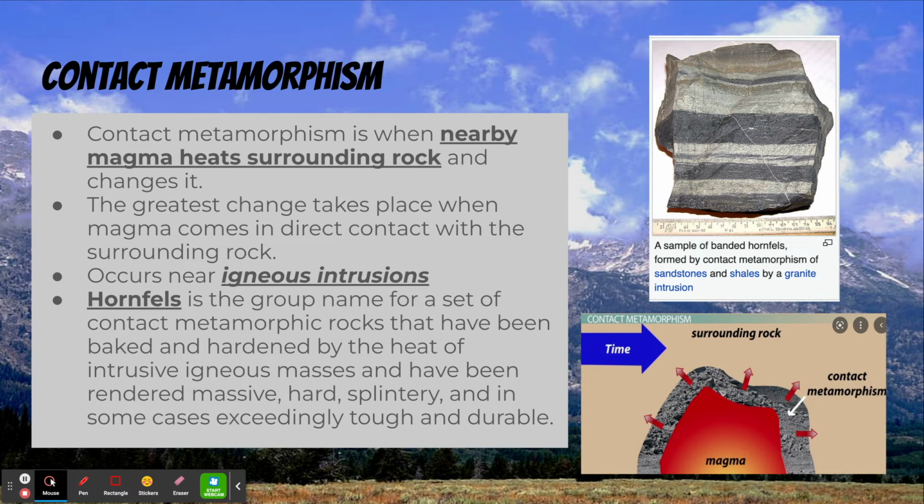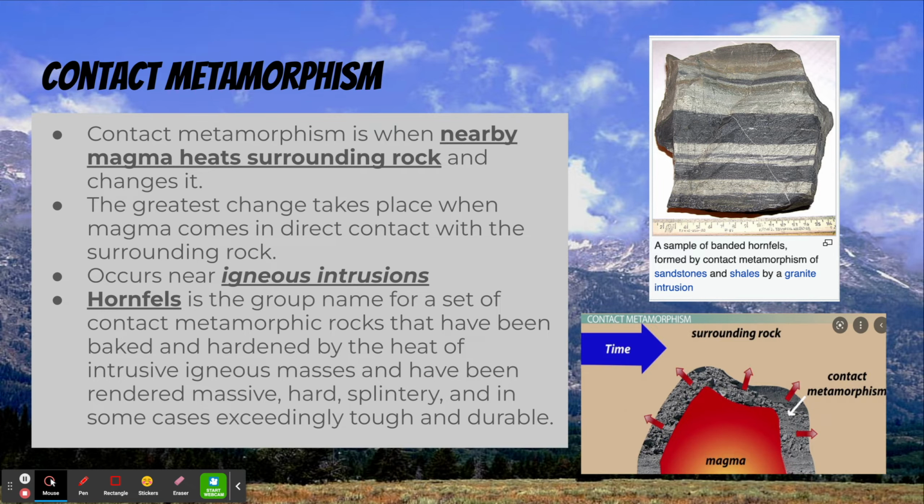Hornfels is a group name for a set of contact metamorphic rocks that have been baked and hardened by the heat of intrusive igneous masses and have been rendered massive, hard, splintery, and in some cases exceedingly tough and durable. So you can look at the picture up at the top right. That is a sample of banded hornfels formed from contact metamorphism of sandstone and shales by a granite intrusion.